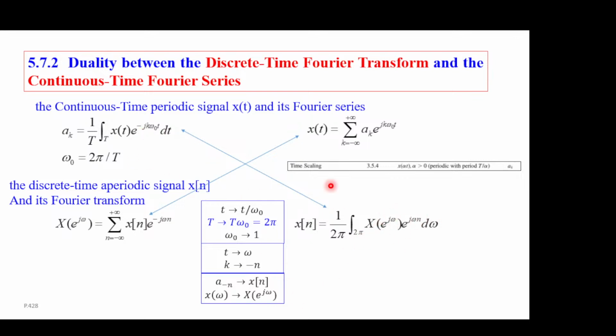And this is e to the j k omega naught t. So omega naught is 1, and k t becomes minus omega n. So the minus sign disappears, so it's e to the j omega n, and dt is d omega. So you see that we have changed this equation to this equation, and similarly you can check this equation will become this equation with these substitutions.